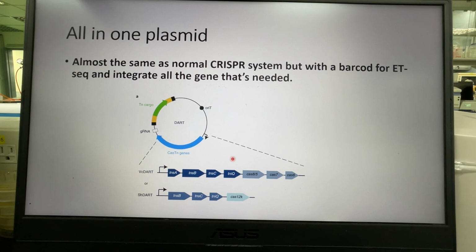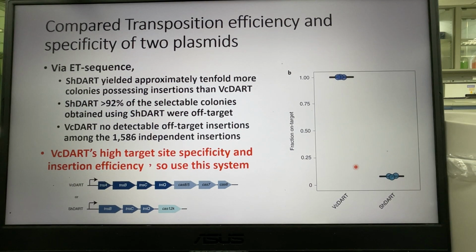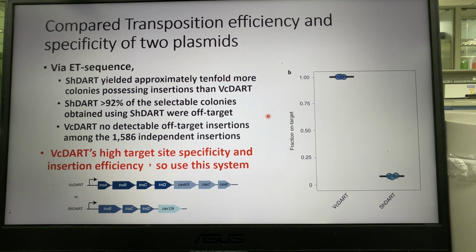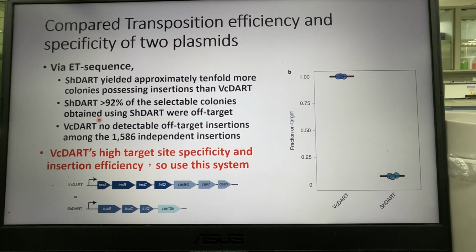The all-in-one plasmid is almost the same as a normal CRISPR system, but with a barcode for ET-seq, and integrates all the genes that are needed. As you can see here, there are two kinds of DART system. One is SH DART and the other is VC DART. We have to compare these two in transposition efficiency and specificity.